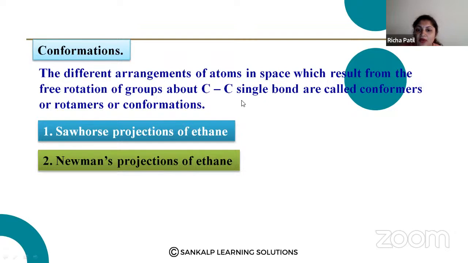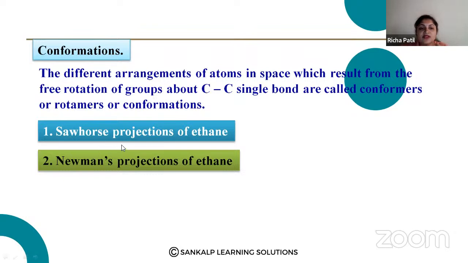The C-C bond is a single bond, so easily you can twist or rotate the molecule. One part of the molecule is fixed and the other you rotate across the single bond. They will form conformers, also called rotamers or conformations.